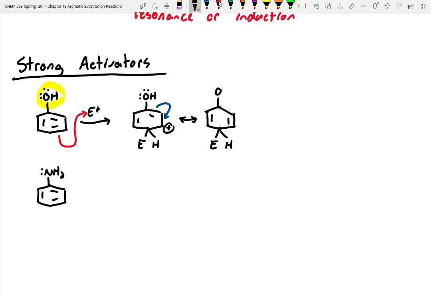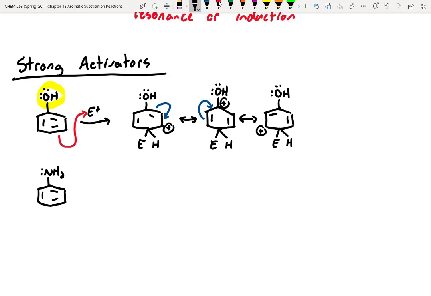And if we do that, let me just keep it consistent here. We would have a positive charge right here, and we can delocalize it even further by moving that pi bond over, which would put the positive charge on the other side of the ring.